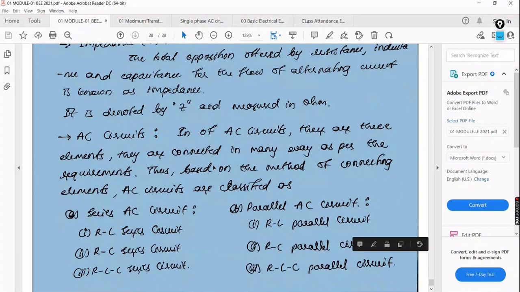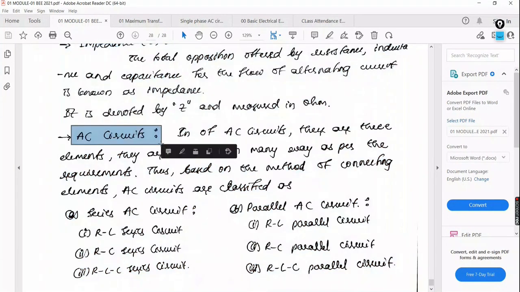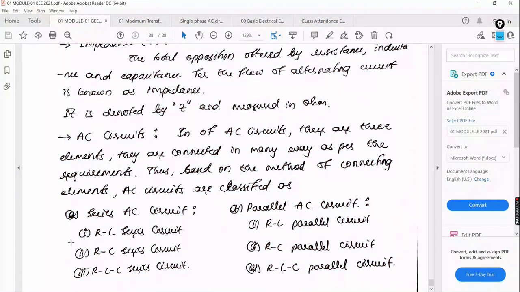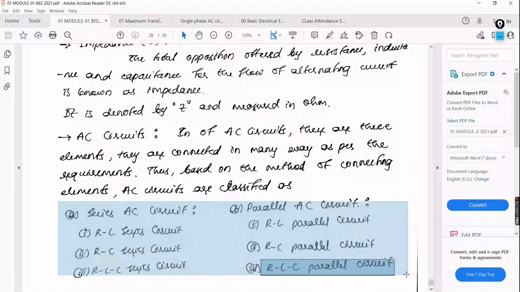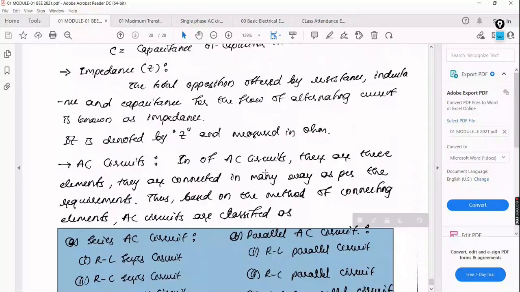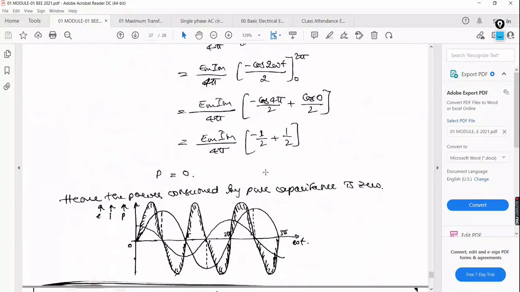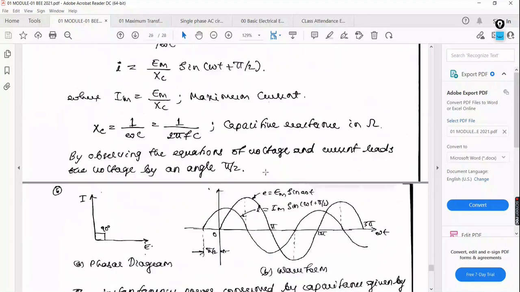Okay, the next topic is the single phase AC circuit: series RL circuit, RC circuit, RLC circuit, then parallel RL, RC and RLC circuits. These will also play a very important role from the examination point of view. Is this clear? That was for pure resistance, pure inductance, and pure capacitance.